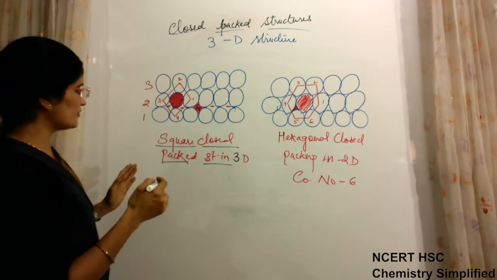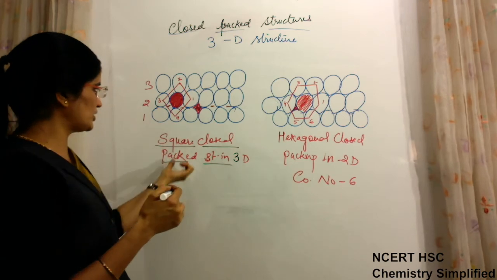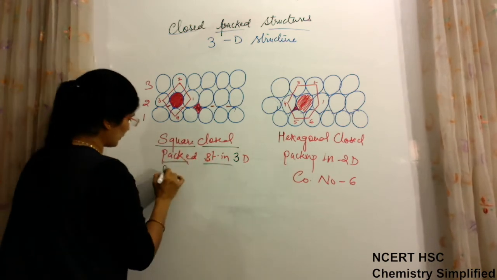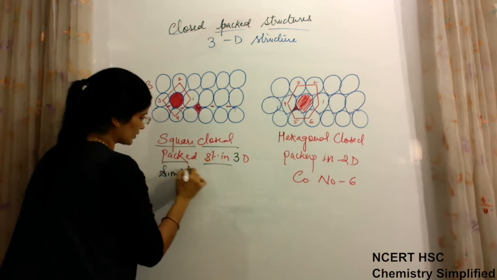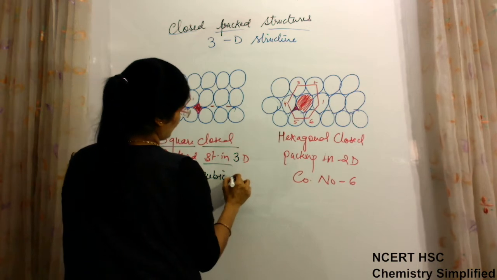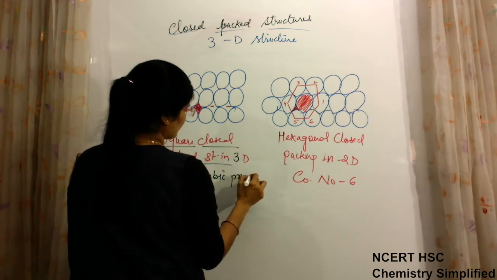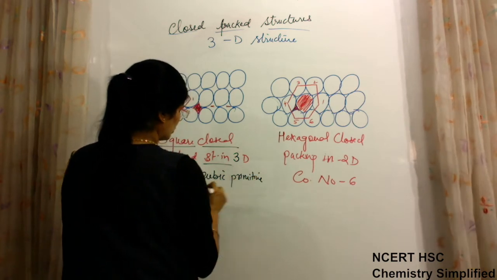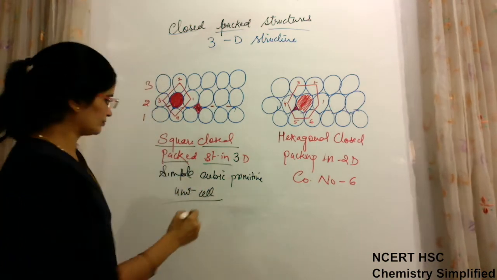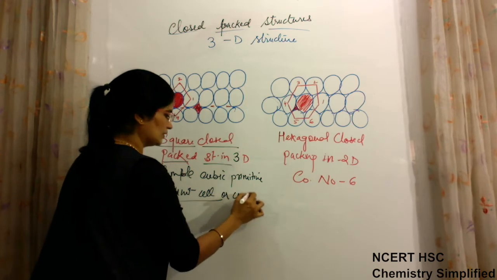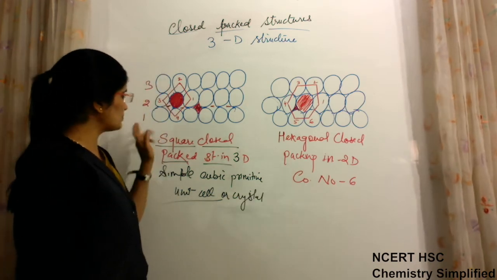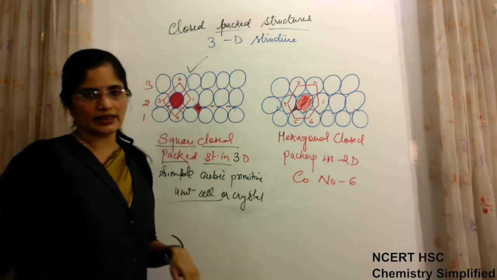So the structure which is produced is actually a square close packed structure in 3D, and your simple cubic or primitive unit cell or crystal, because unit cell will lead to the formation of crystal, is made by this type of close packing.